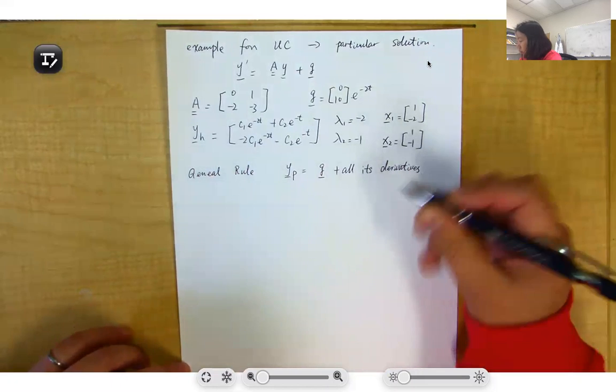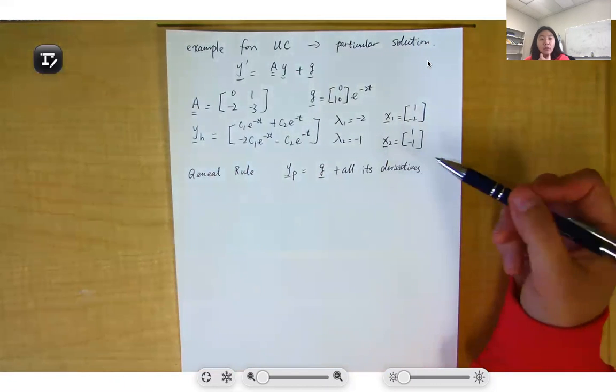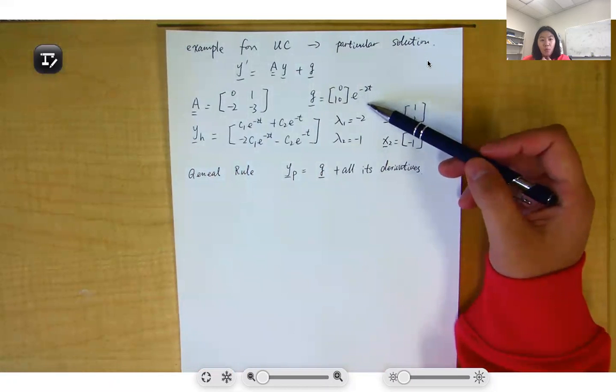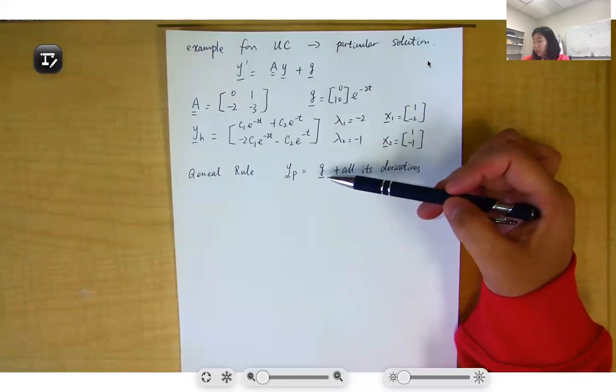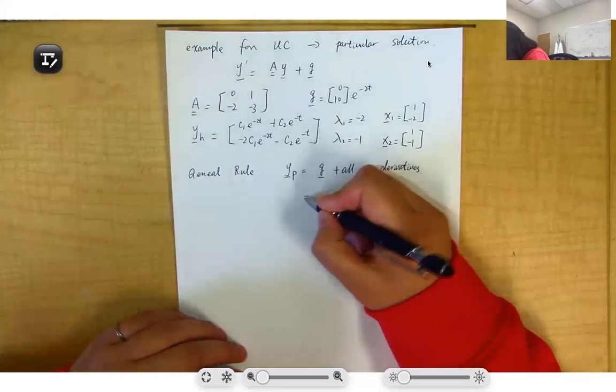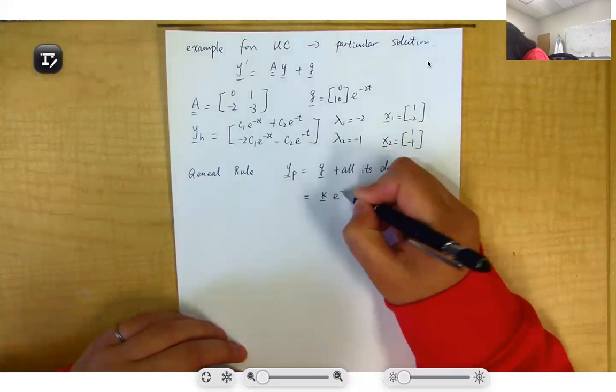And this g is your forcing function, and our forcing function looks like e to the -2t. So through the general rule, our particular solution should look like something times e to the -2t. So we can say k times e to the -2t.